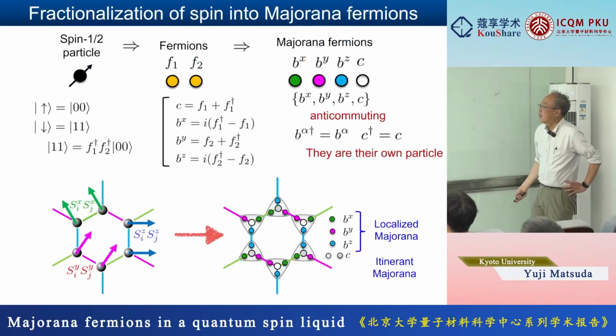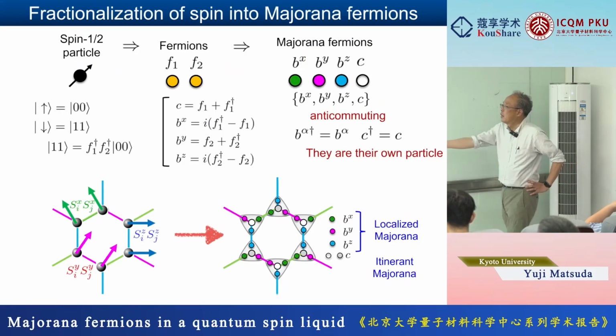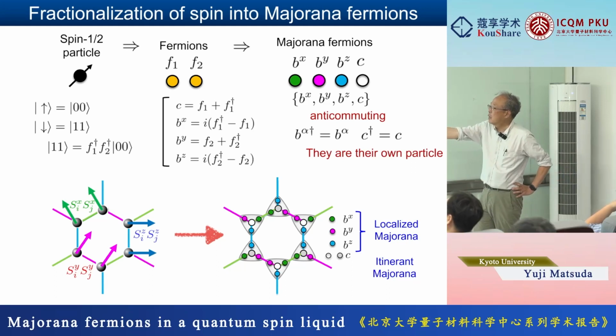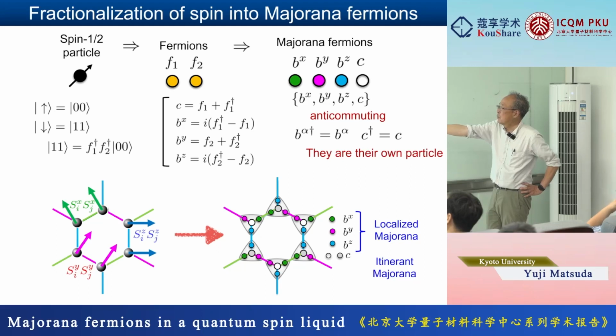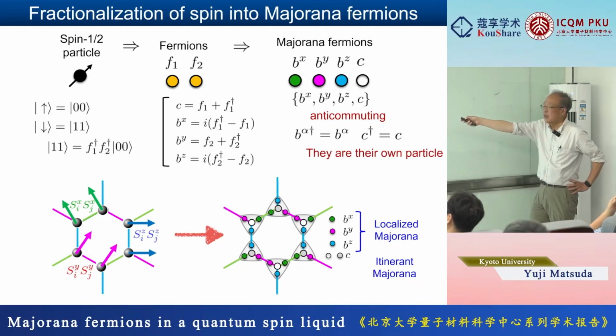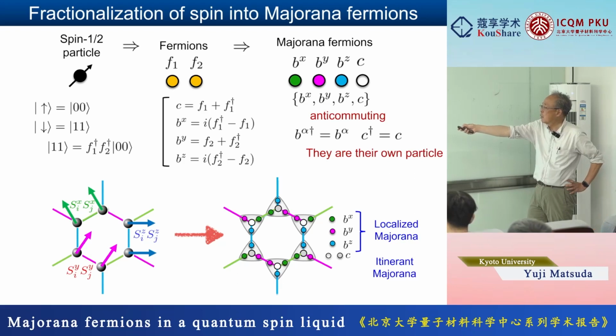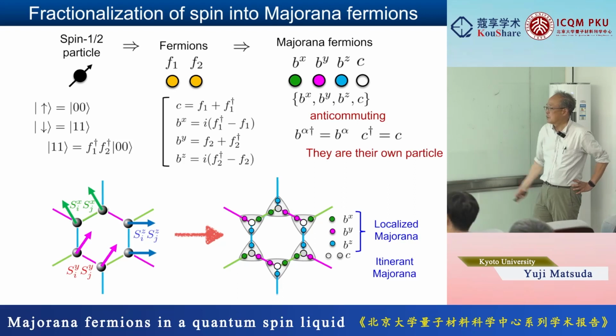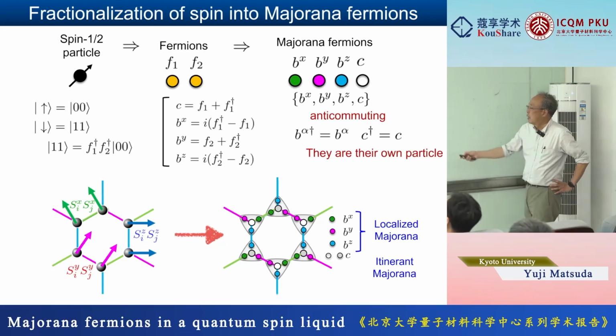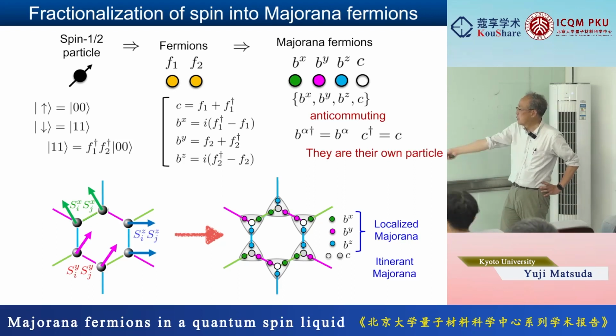Kitaev described spin 1/2 by two fermions, and the two fermions are decomposed into Majorana fermions. Three Majorana fermions. All Majorana fermions are anti-commuting, and they are their own antiparticles. Three of the Majorana fermions are localized, and one is itinerant.